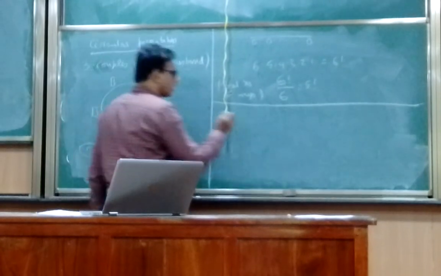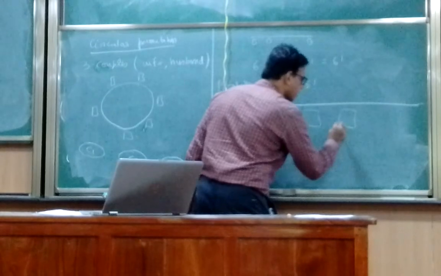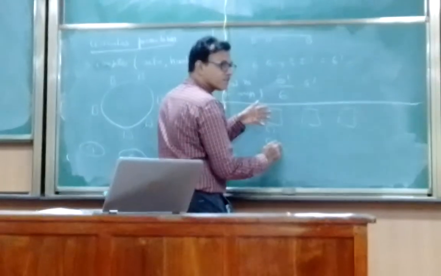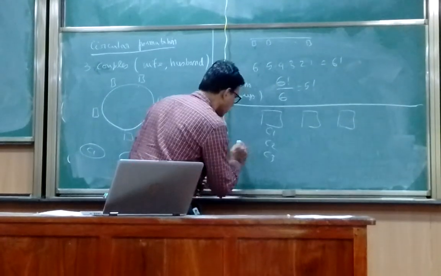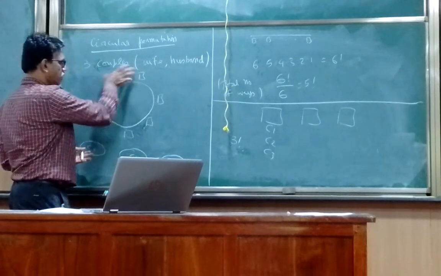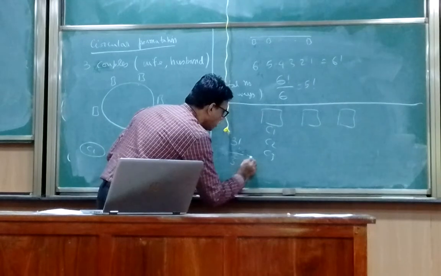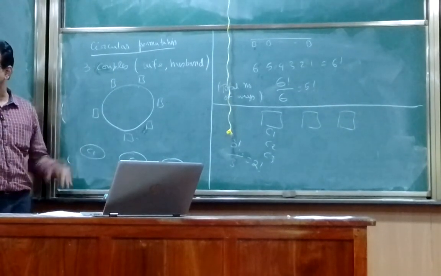If it were linear, there are 3 ways in which you can place the first couple here, then 2 ways and so on, so 3 factorial ways of arranging the couples. But in a circular one there will be only 2 factorial ways of placing the couples because it is circular.